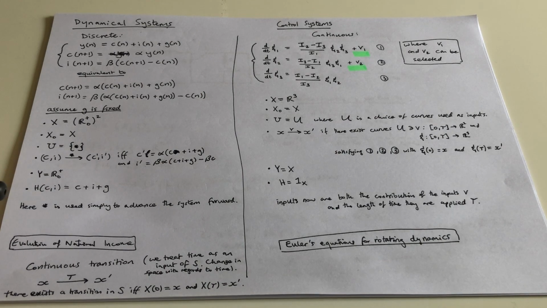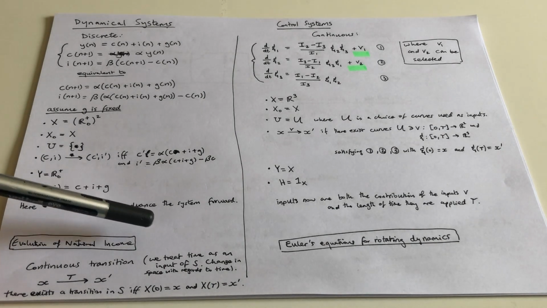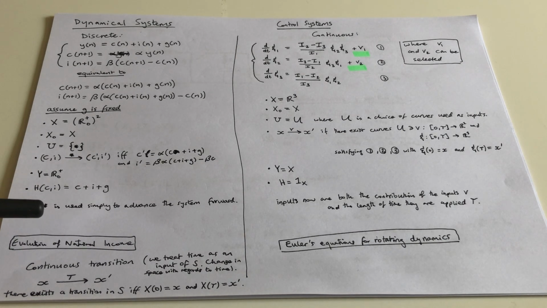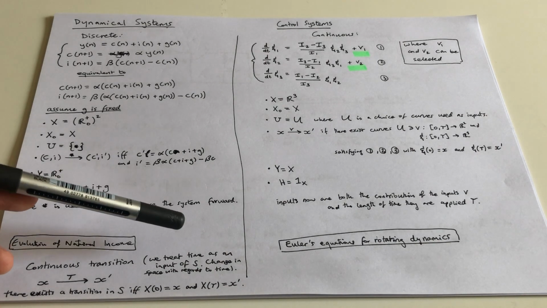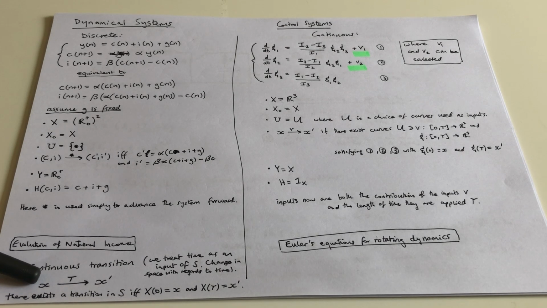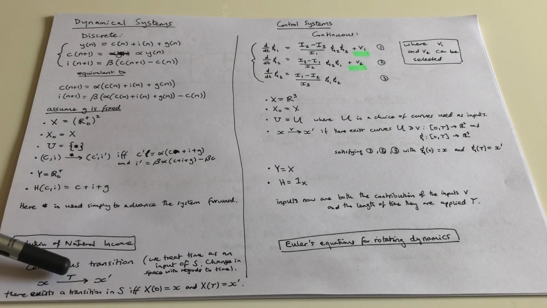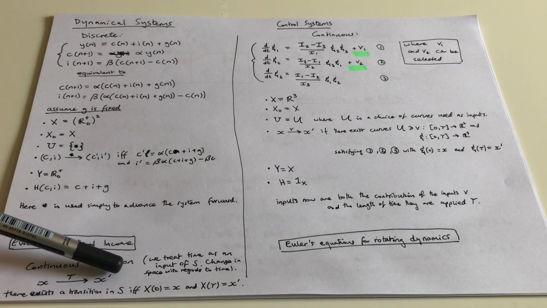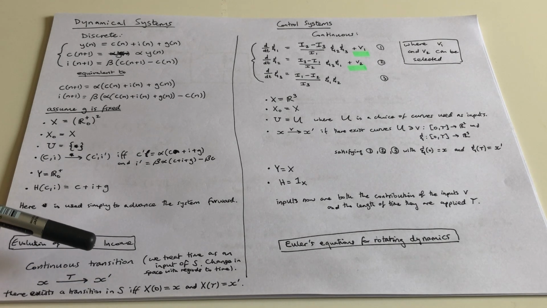We can also do this with continuous transitions, so we can treat time as being continuous here, and we can treat time as the input to the system. So we can have some state x with a time step tau, which transitions to a new state x dash.